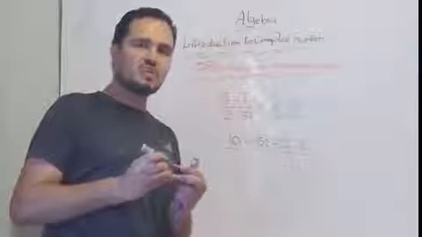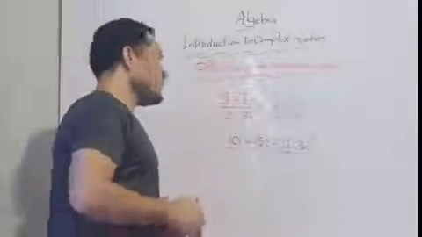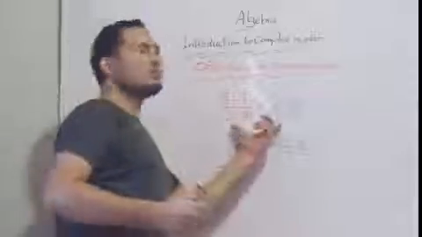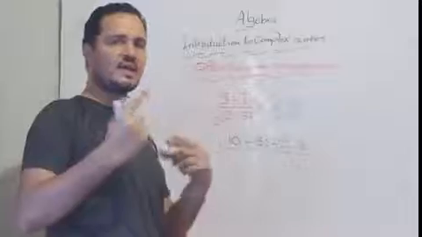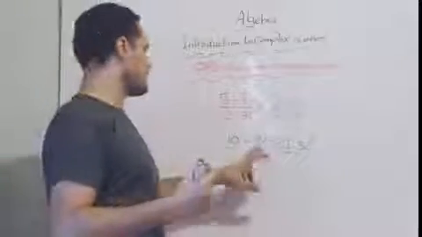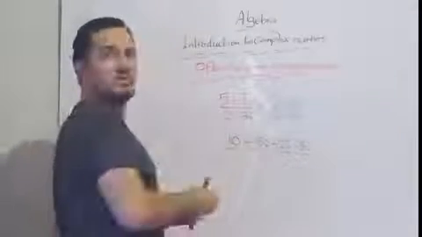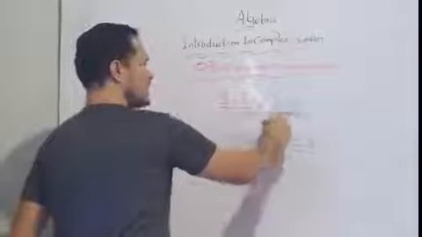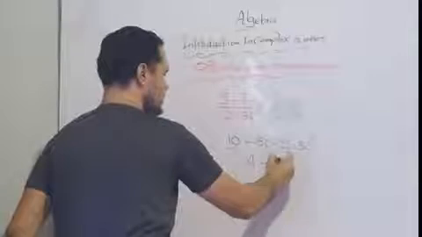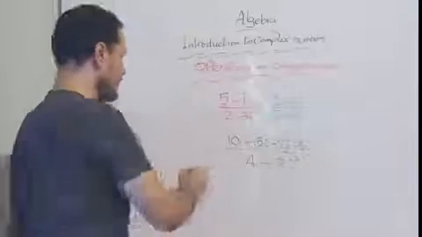The benefit of the conjugate numbers in multiplying is that if you multiply the two conjugate numbers, just multiply the first by the first and the second by the second and put the negative sign between them: 2 times 2 equals 4, minus 3i times 3i equals 9i power 2. Okay?